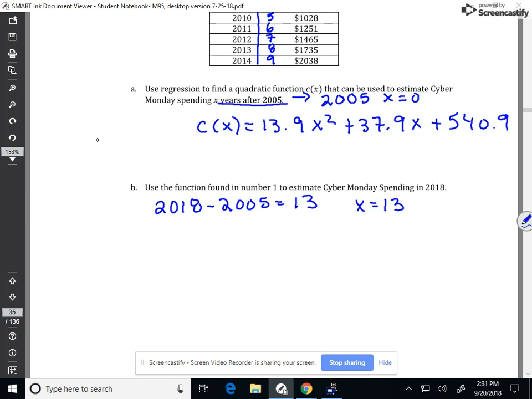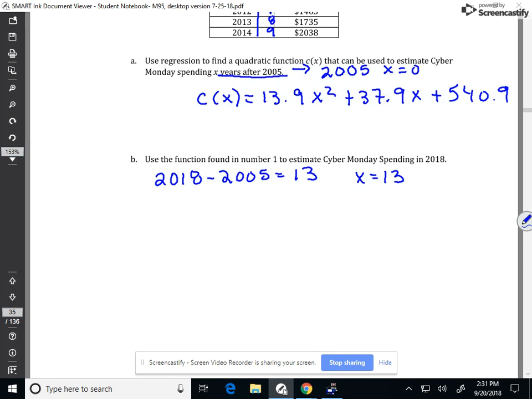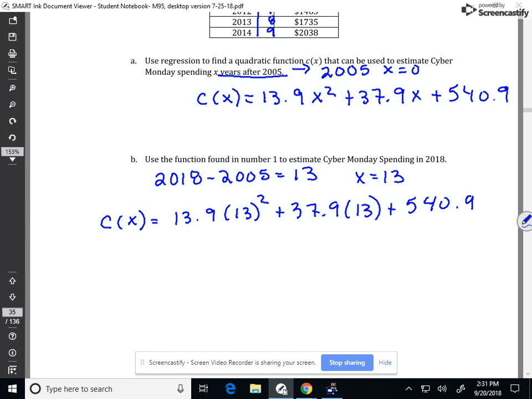Now, using my function, I want to know the amount of money spent on Cyber Monday. So I'm going to plug 13 in for x. I've got 13.9 times 13 squared plus 37.9 times 13 plus 540.9.